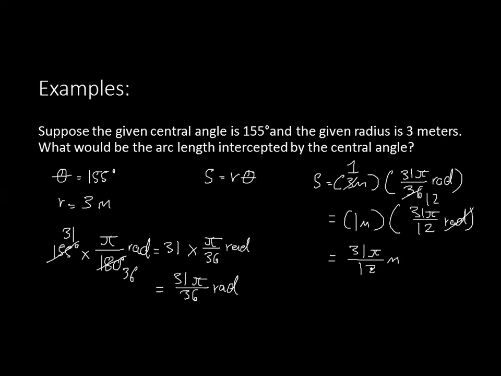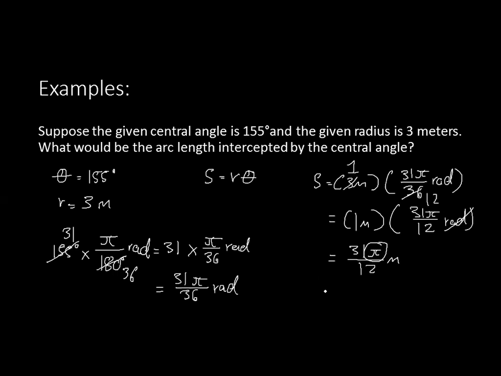But then, of course, this is the exact answer, but we want to know the approximate value because pi is an irrational number. So let's know the approximate value, all right? Because there's no such thing as 31 pi all over 12 meters in reality because they are all approximated. So we can use our calculator. Then we can round it up to two decimal places.